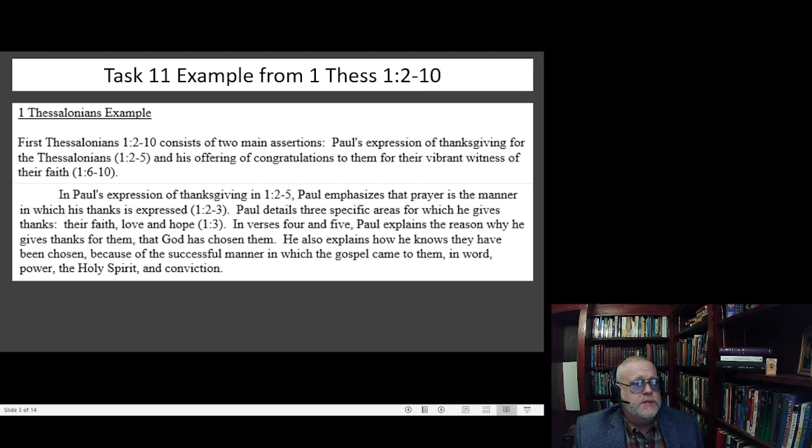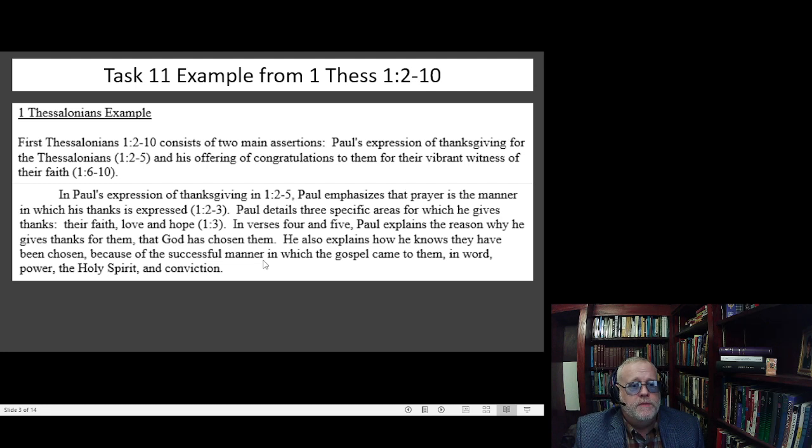So the first sentence there summarizes what's going on with the main independent clauses of this section. 1 Thessalonians 1, 2 through 10 consists of 2 main assertions: Paul's expression of thanksgiving for the Thessalonians and his offering of congratulations to them for their vibrant witness of their faith.